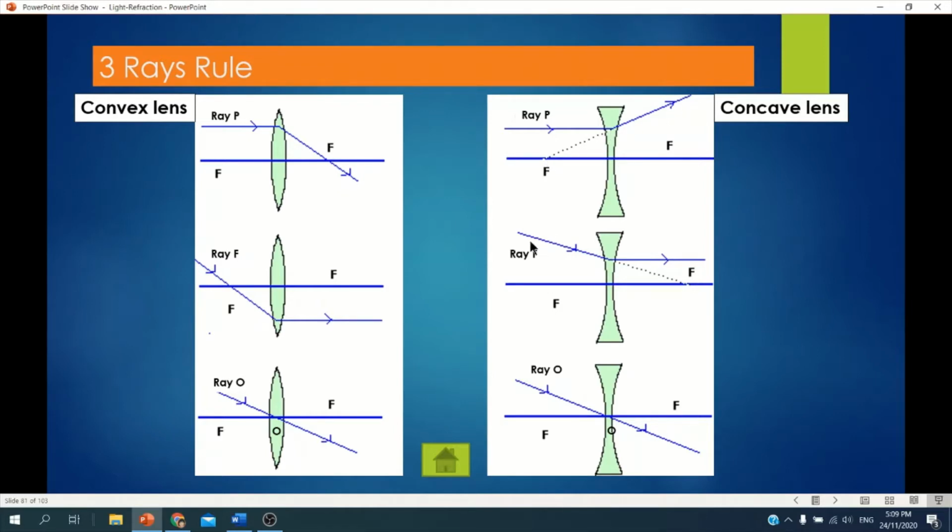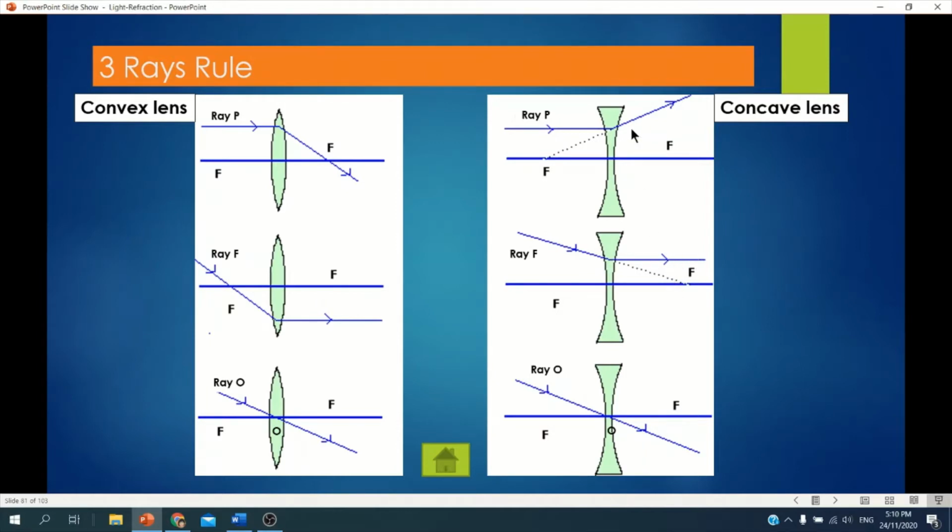And then the second ray, I name it as ray F, simply because this incident ray passes through F. All right, passes through F. Of course, it does not actually pass through F. We trace it so that we can draw this ray F. So we trace this with dotted lines. So the incident ray, ray F, is refracted parallel to the principal axis.